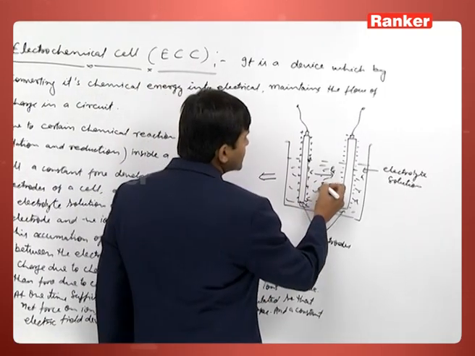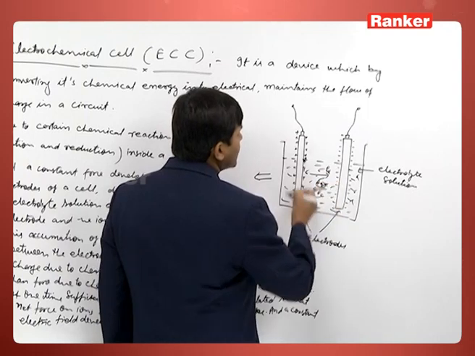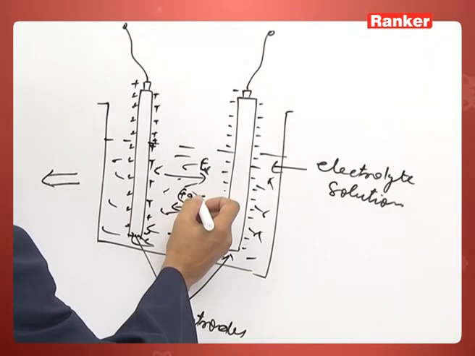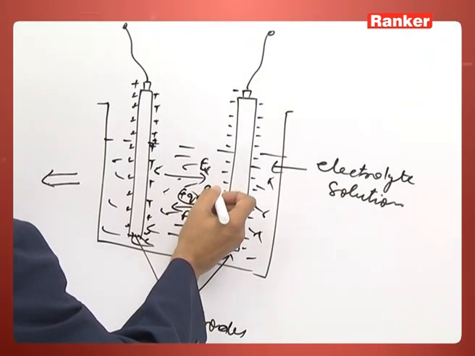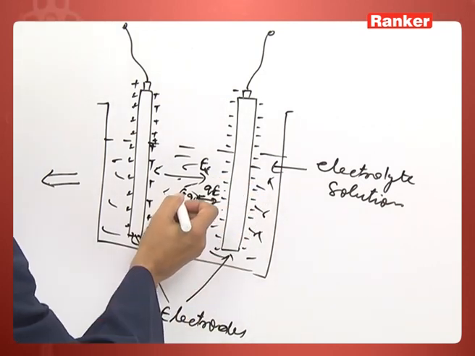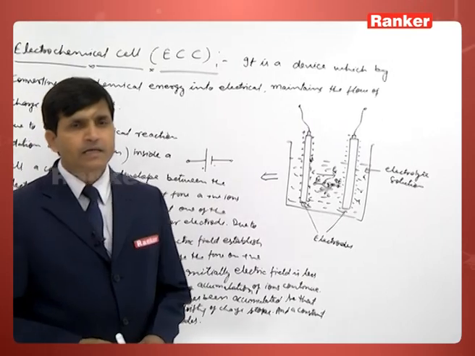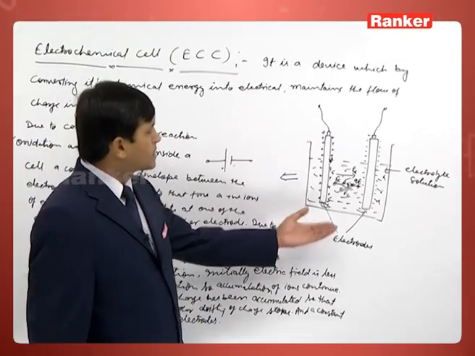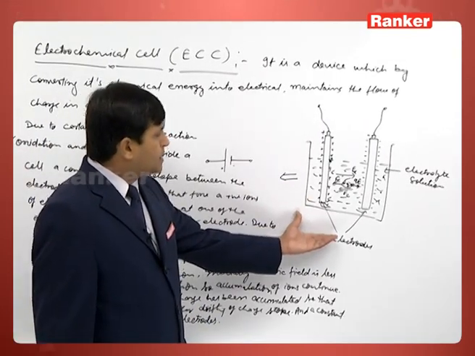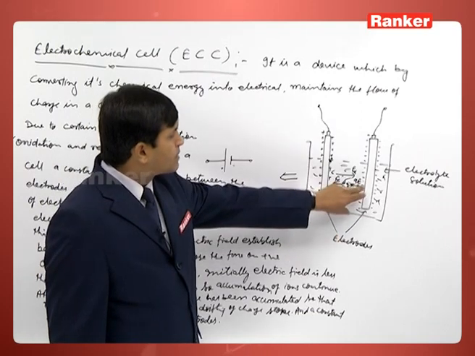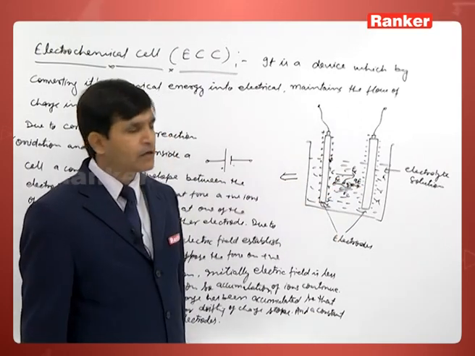If we consider any one ion having charge Q, it experiences electrical force QE and chemical force Fc, and these two are equal. That is called the equilibrium stage. At the equilibrium stage, the electric field is constant.